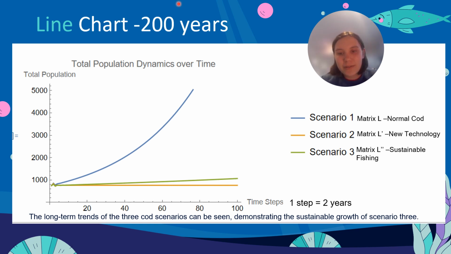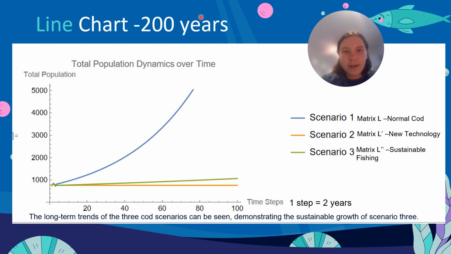So going back to our graph, this is a slightly different version of our graph. This is over 200 years. So this graph shows the long-term trends on the populations, illustrating what I was talking about on the previous slide. The new technology levels off the population, as we saw before. So that's scenario 2 on the orange line.